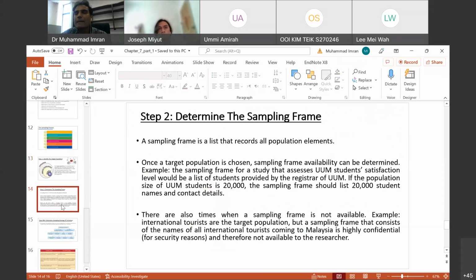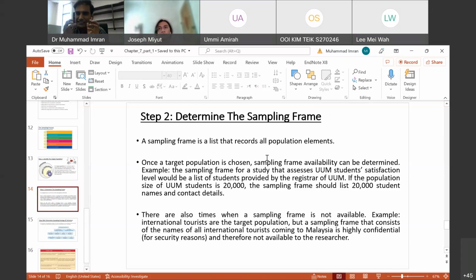The second step, sampling frame. I already told you earlier about the sampling frame. If you have detailed numbers about the population, maybe you know how many elements are in the population, maybe 5,000 employees of UPSI, and you also have the emails of all employees, and you also have a WhatsApp number or contact number, telephone number of the employees, then you can say, okay, this is probability sampling.